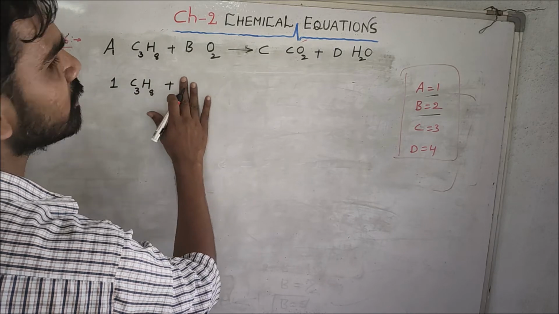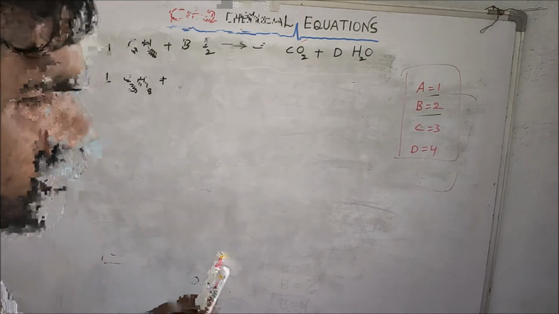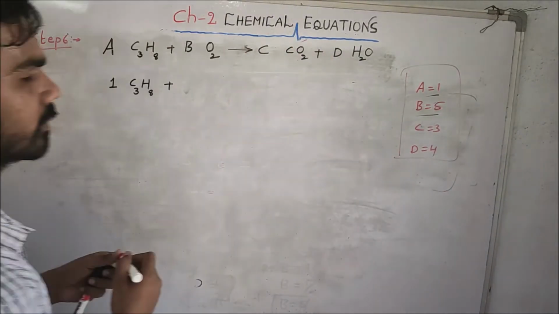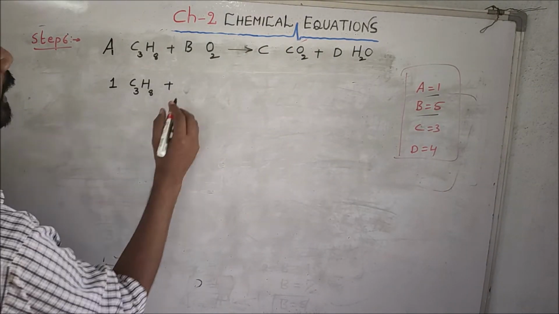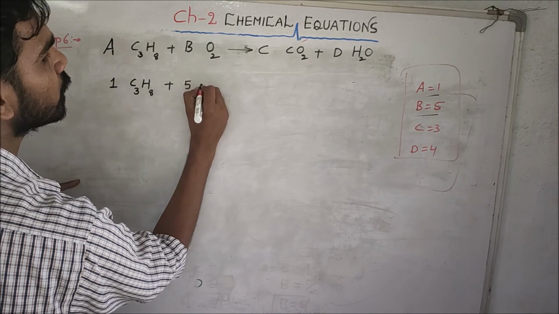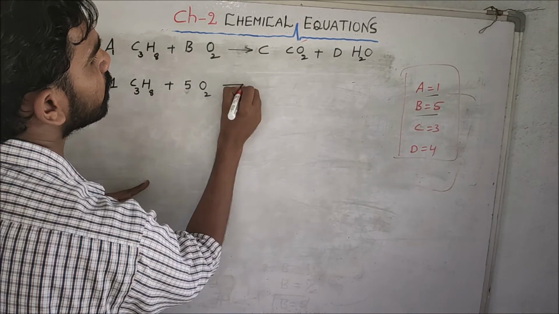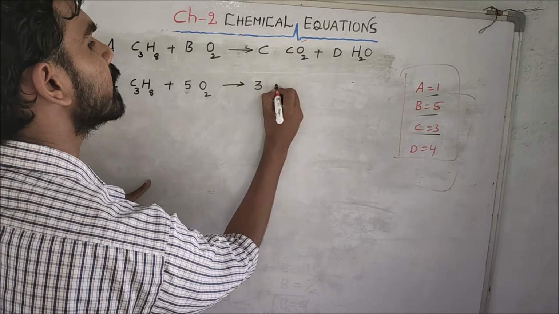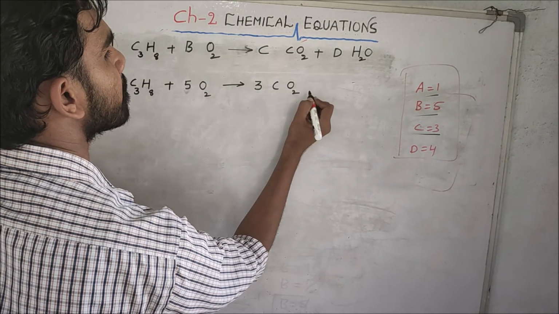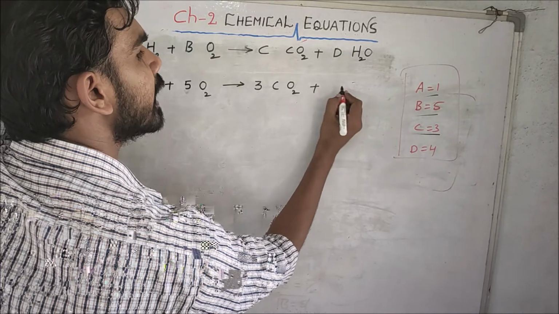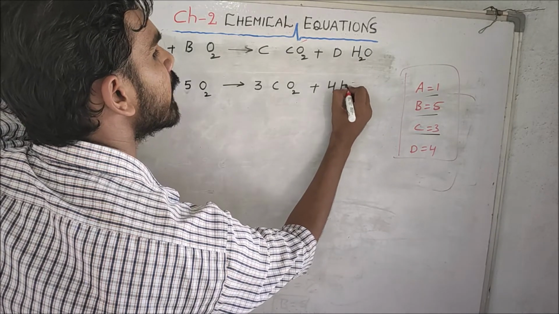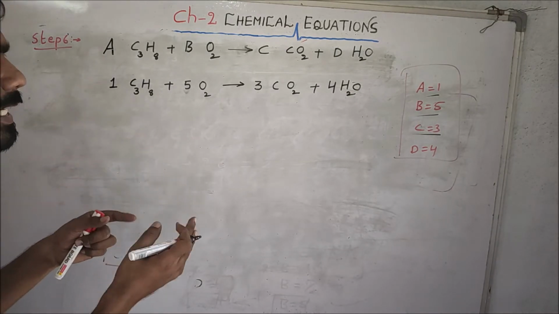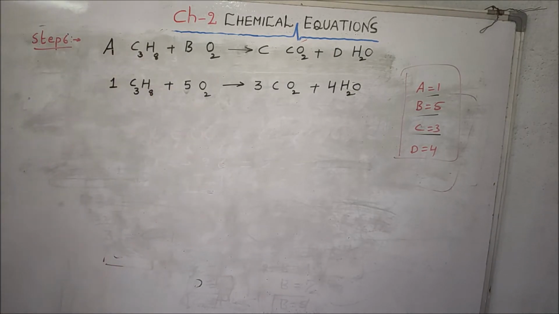We got 5, so B is 5. Very good. 5 O2. What is the C answer? 3 CO2. Now what is the D answer? 4 H2O. Whatever values we got for A, B, C, D, you substitute in step 6.